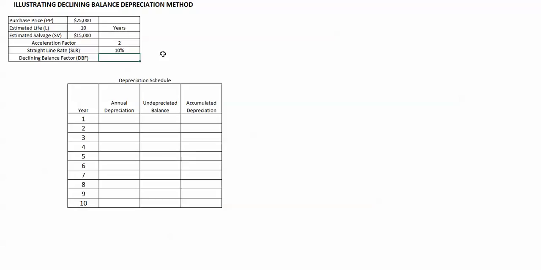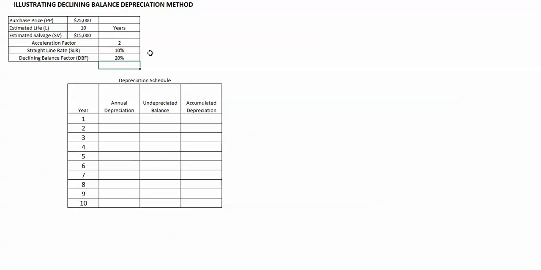Okay? All right. The next thing is this thing called a declining balance factor. And this factor is what we're going to use in the declining balance equation, mathematical equation, for calculating the annual depreciation. And this factor is simply equal to the acceleration factor times the straight line rate.